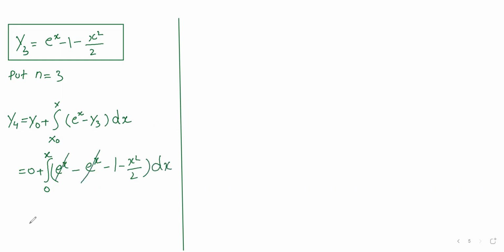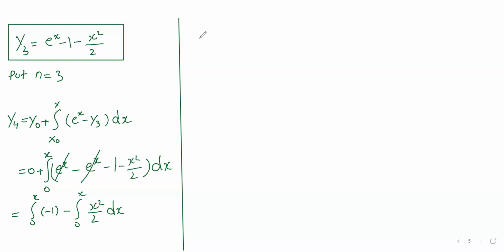It is cancelled out, and then you will have the integral from 0 to x of 1 and minus the integral from 0 to x of x squared by 2 dx, right?